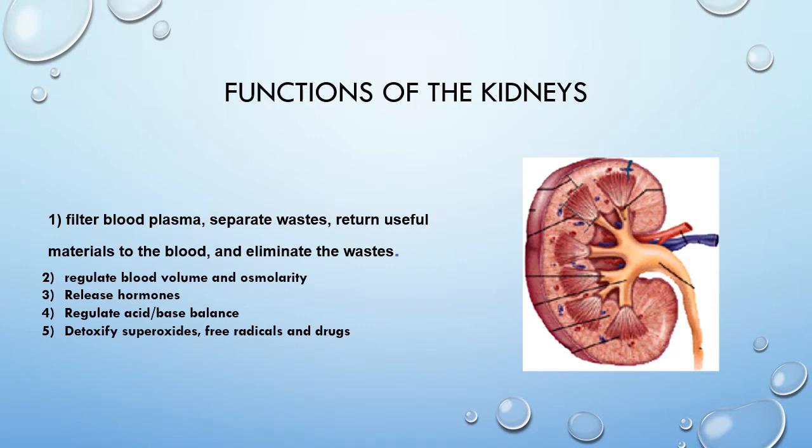Fourth function is to regulate acid-base balance of the body fluids. So let's say your body is too acidic. You already know that blood is going to be filtered in the kidneys, that you have blood circulation into the kidneys.